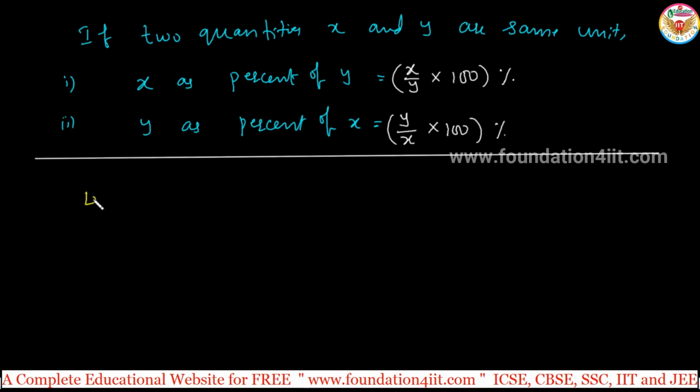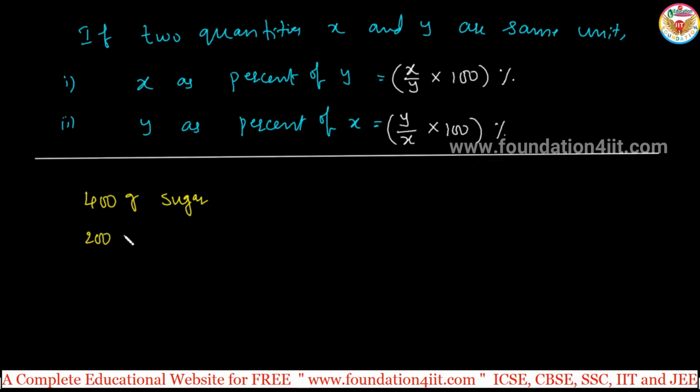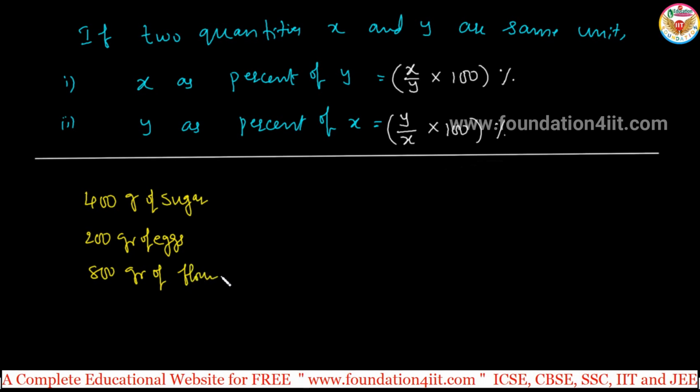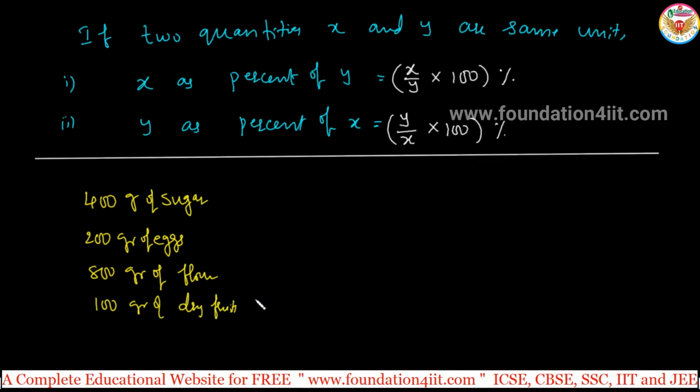For example, let's take 400 grams of sugar, 200 grams of eggs, weight I'm taking, then 800 grams of flour, and let's take 100 grams of dry fruits. Now the question is, what percent of sugar is present in the whole?